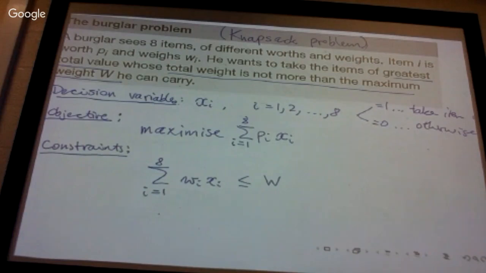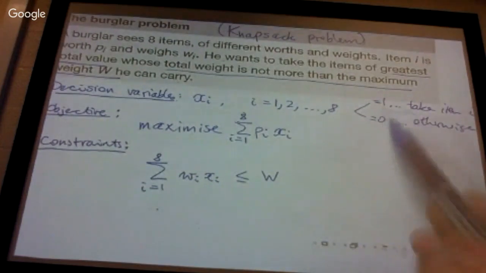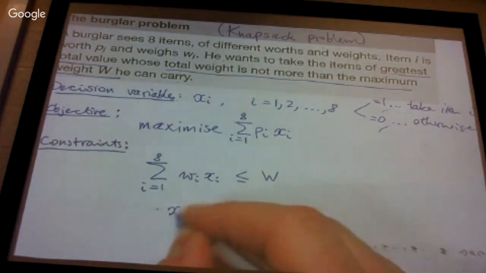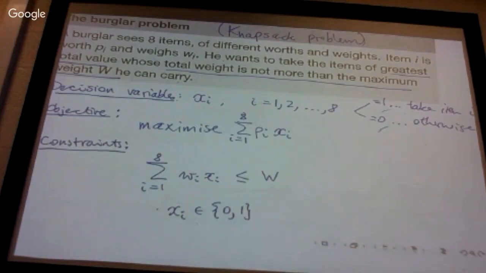Just the usual stuff. What's the usual stuff? Non-negative constraints, but in this case, you want to make sure that they're actually binary, not just non-negative. So you want that each of them is either 0 or 1.